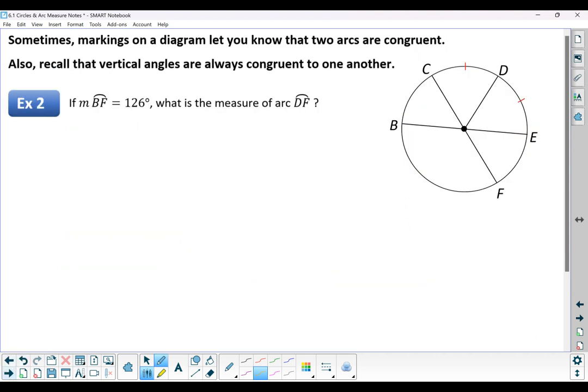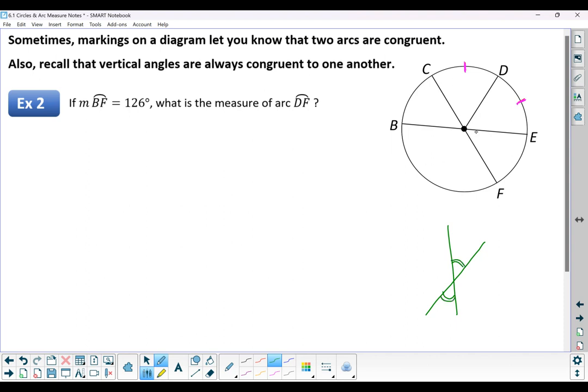Okay, sometimes there's markings on the diagram that are going to let you know that two arcs are congruent. So in this case, you can see we've got this marking here and this marking here. Those two arcs are congruent to each other. Also, recall that when we have two lines crossing, the angles created are called vertical angles and they are equal to each other.